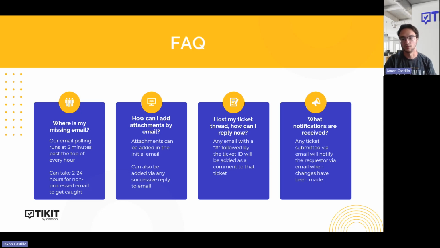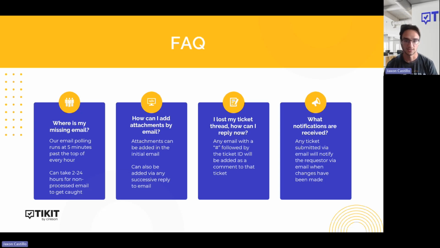So say you have ticket number 12, you delete it, you want to respond to it. If you create a new email, send it to your mailbox, and you include the ticket ID number with 12, the rest of the subject doesn't matter, just as long as the # followed by the ticket ID is in the subject, the contents of that email will be added to the ticket as a comment.